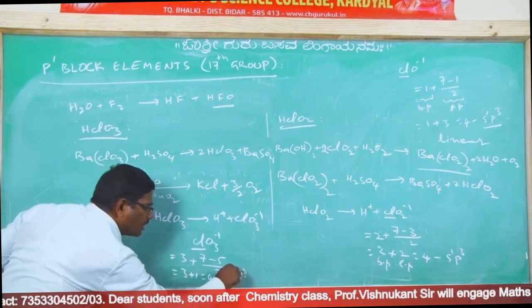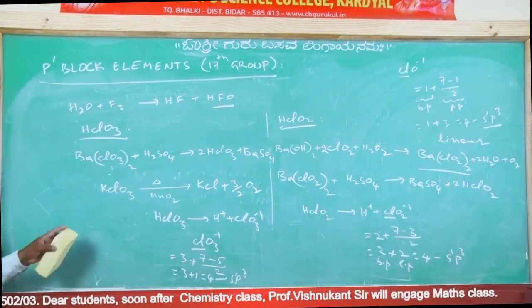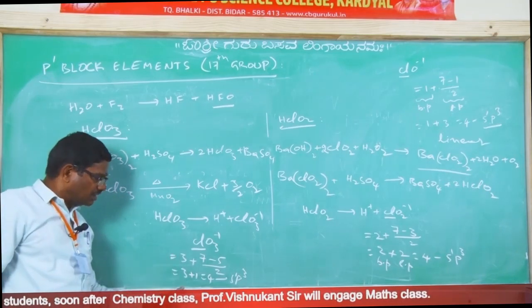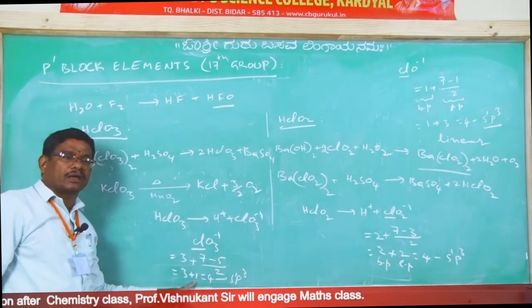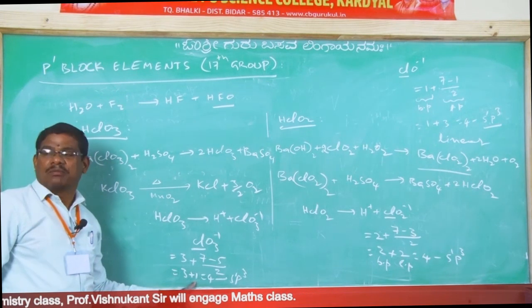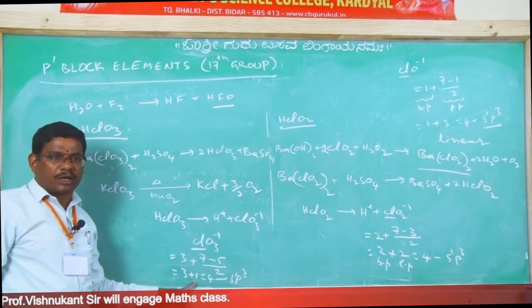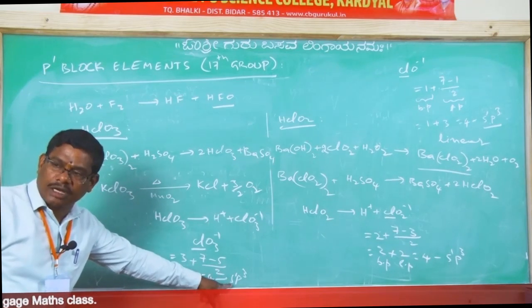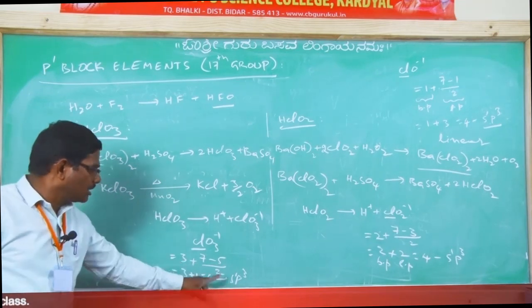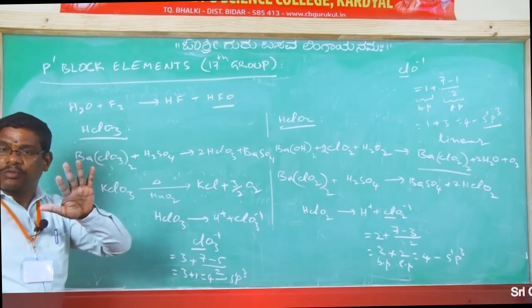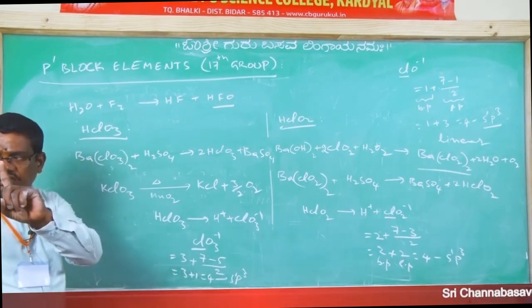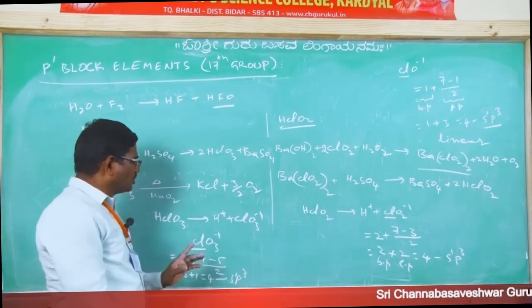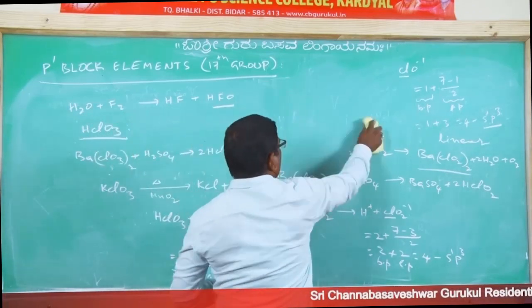Again it undergoes sp3 hybridization, with 3 bond pairs and 1 lone pair, giving a trigonal pyramidal shape. The geometry deviates from the original tetrahedral with the presence of 1 lone pair of electrons. So therefore it is trigonal pyramidal.